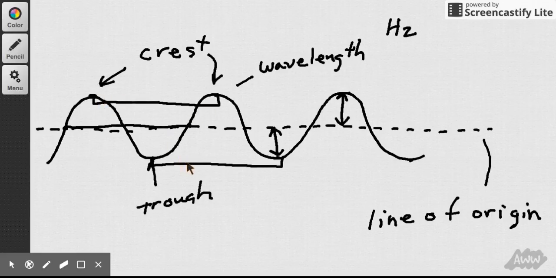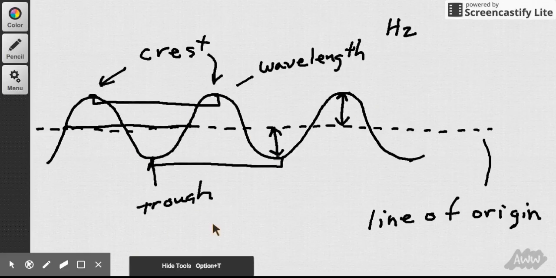Now, with frequency, it's how many of these complete waves you have per a given unit of time. Or in this case, if you were looking at a visual, how many waves you have on this screen. The more that you have, the higher the frequency.